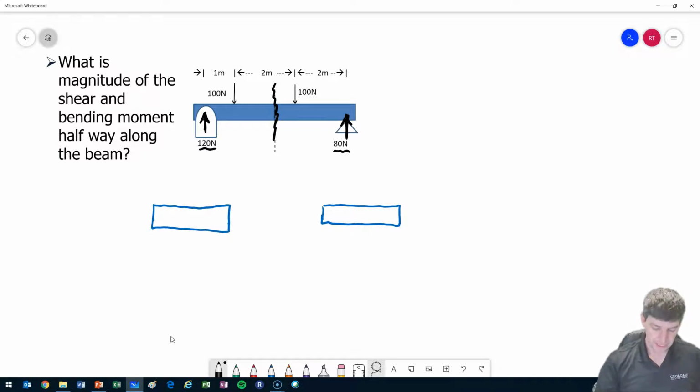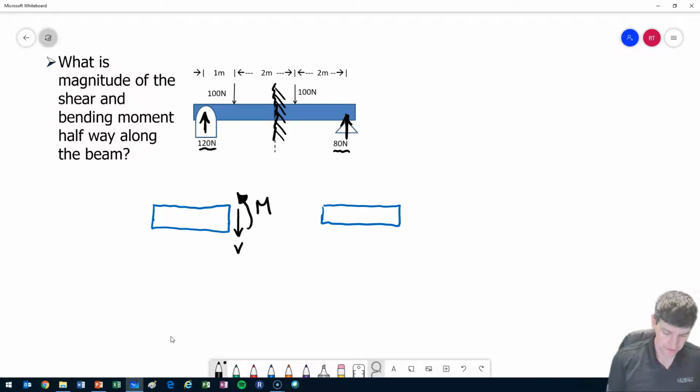So at the cut, I'm going to consider it to be like a cantilever beam or a fixed point. And the fixed point is going to have two forces. One, I'm going to have an M, and in addition, I'm also going to have a V. Okay, so a force, a V, and a moment, M. And I'm going to complete the rest of the object.